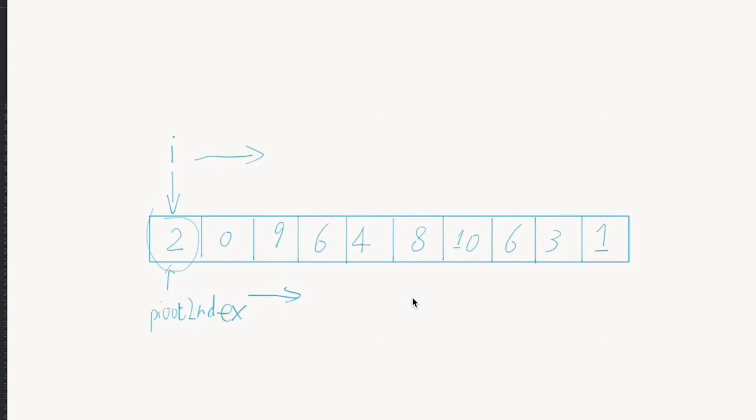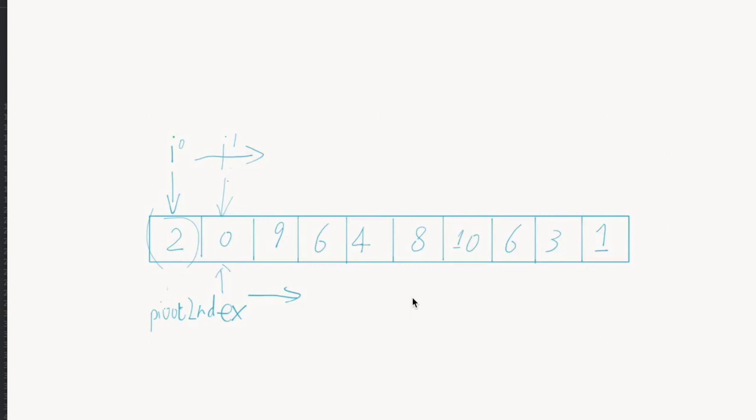Then as I moves to the right, we encountered 0 in this case. Then in this case, we don't swap. So the pivot index stays here.